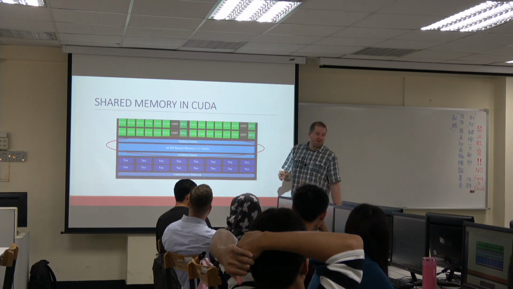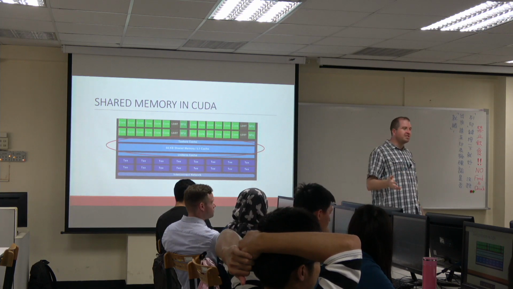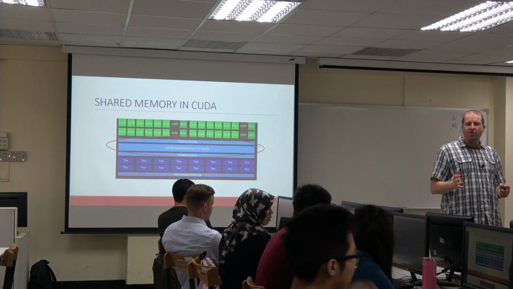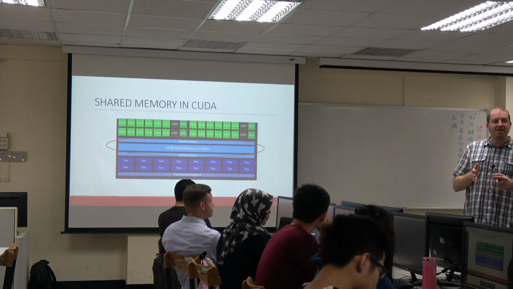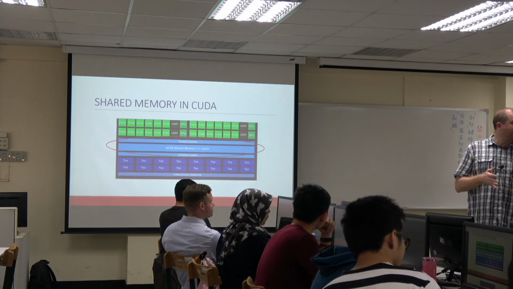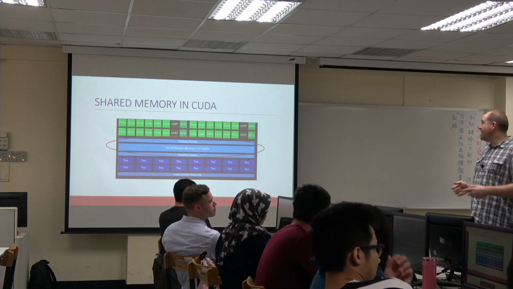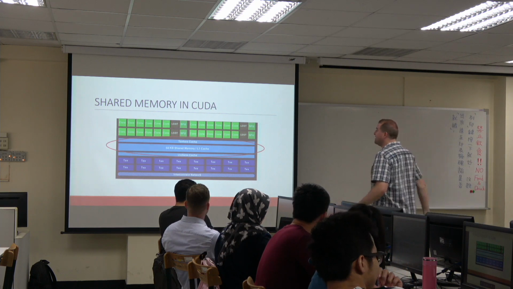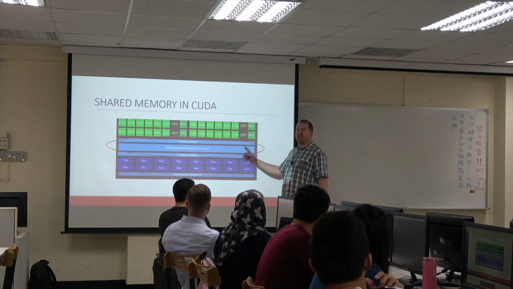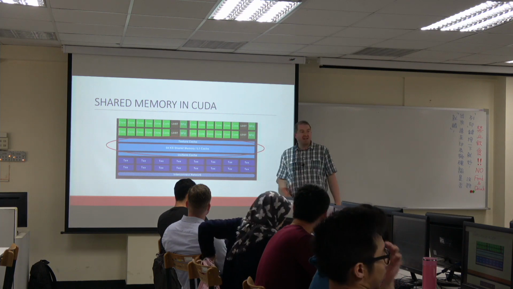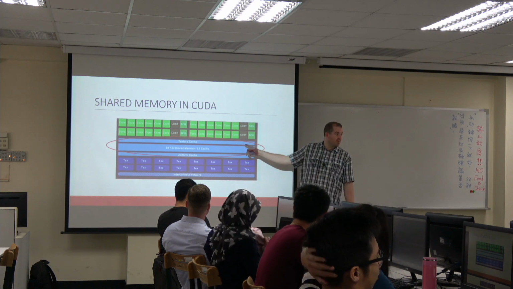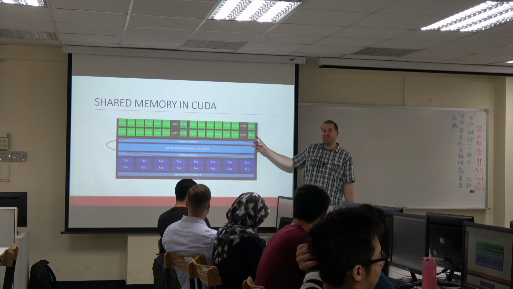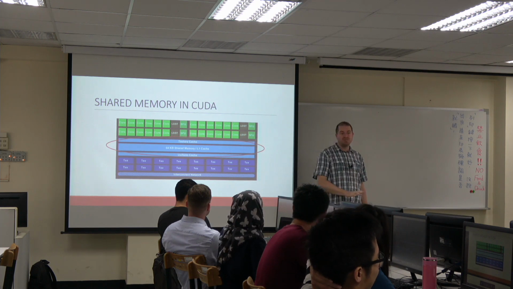Now, if you remember, when we pass blocks of threads to the GPU for computation, all of those threads are executed within the same SM, within the same streaming multiprocessor. That means while those threads are running, they all have access to this shared memory. That means they can share information through this memory. That's why we call it shared memory, because we can share that memory across the threads in our blocks.